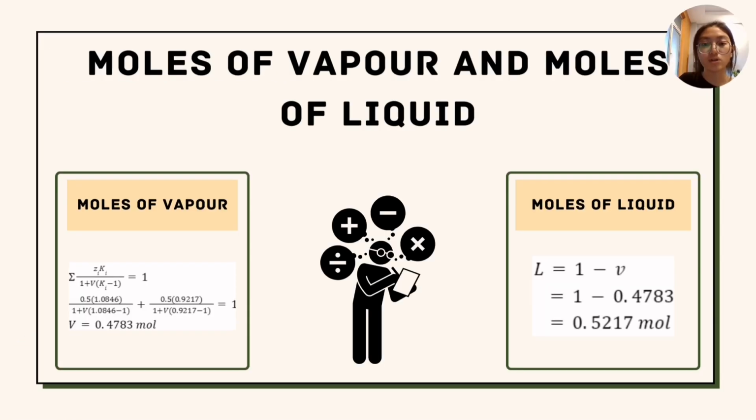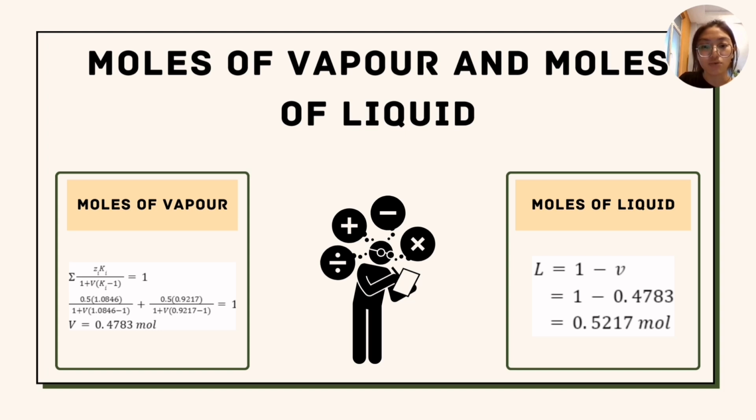Now I will move on to the calculations of moles of vapor and moles of liquid in the system. For the moles of vapor, the formula used is the summation of Zi over 1 plus V (Ki minus 1) equals 1. By substituting the values based on our example and solving this equation, you will get V equals 0.4783 mole.